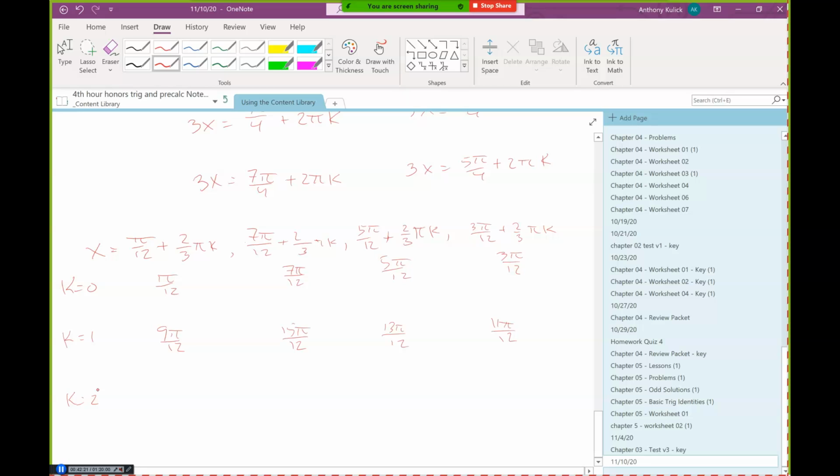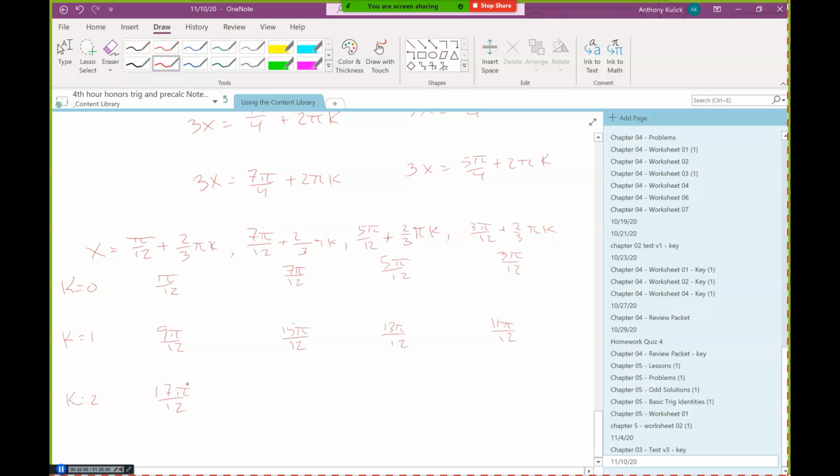Keep going. Let's see if they're too big or too small. So now we're going to be adding 4 pi over 3. Again, we'll make a common denominator. 4 pi over 3, multiply the top and bottom by 4 gives me 16 pi over 12, or 16 pi 12ths. So 1/12 plus 16/12 is 17/12.